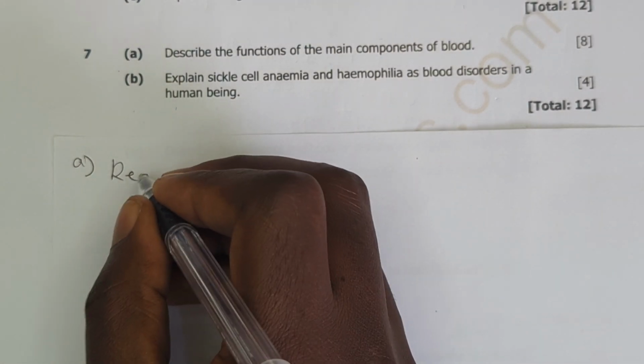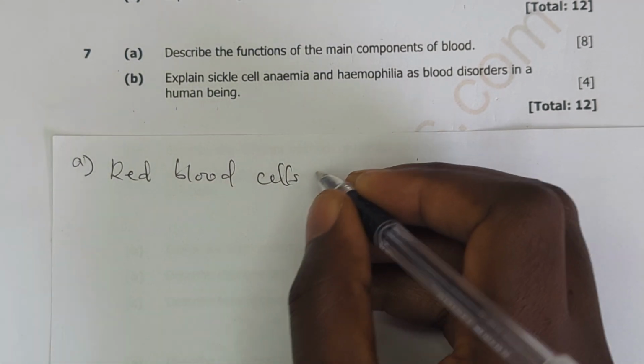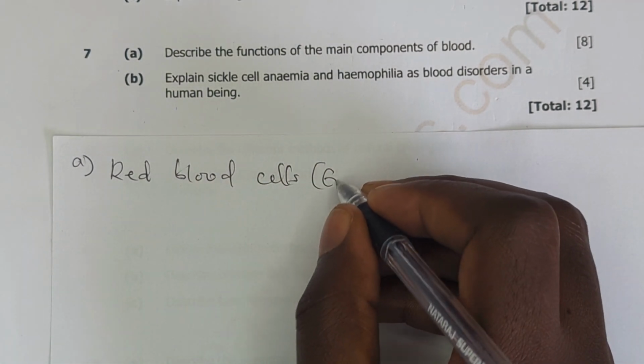we have red blood cells. So red blood cells are also known as erythrocytes.